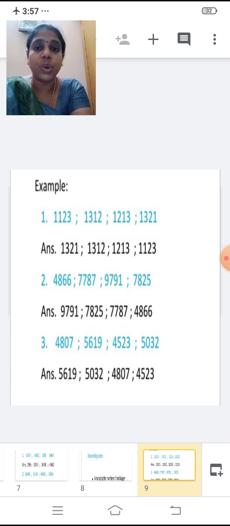9,791. So next we are having 7. Both the numbers we are having 7 in the thousands place. So what will you do? Compare the hundreds place now. Just see the hundreds place which is bigger now. In the second number we have 8. Third number we have 7. Which is bigger, 8 or 7? 8, right?